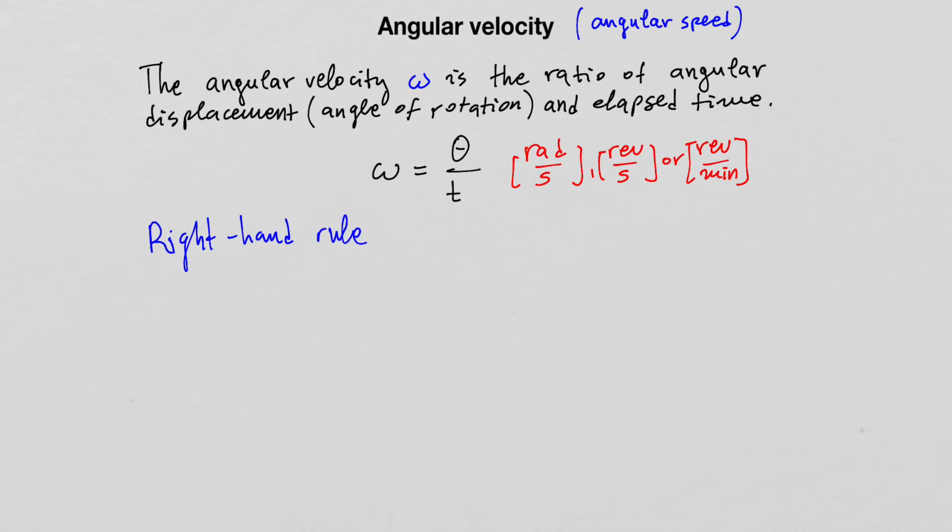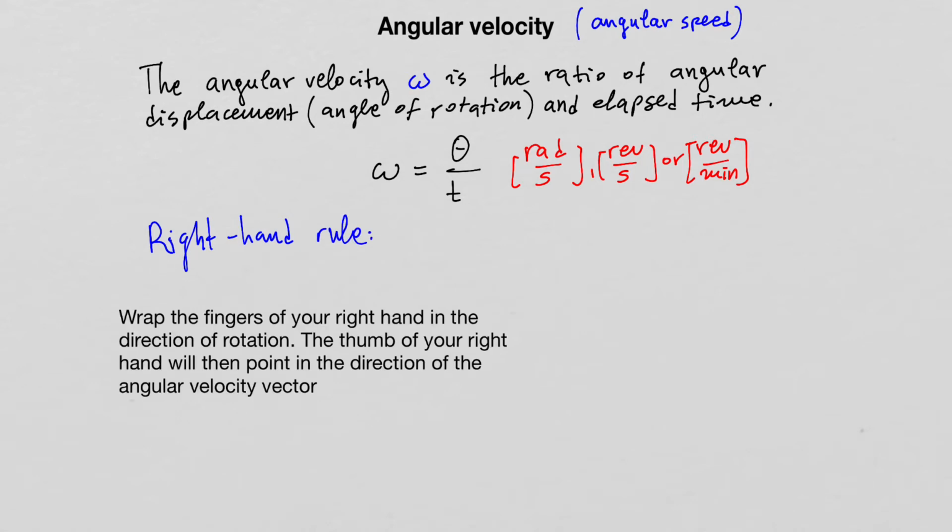So let's describe the right-hand rule. The right-hand rule states that if you wrap the fingers of your right hand in the direction of rotation, the thumb of your right hand will then point in the direction of the angular velocity vector. Let's see what that means. So imagine this is your rotating disc, and it rotates in the counterclockwise direction.